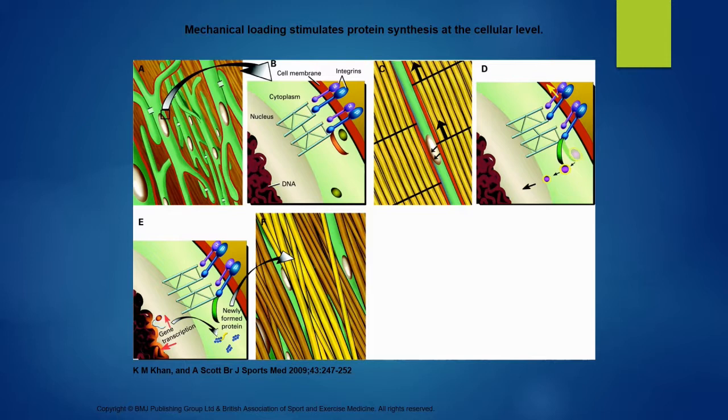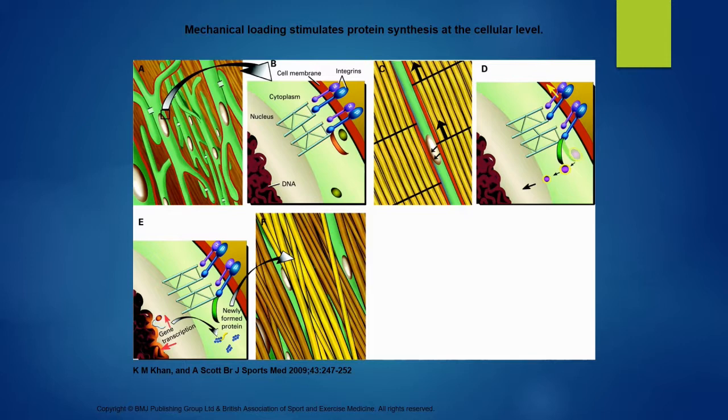And then also this mechanical signal, through the deformation and tugging on the cytoskeleton, causes, again, a mechanically initiated gene transcription and protein synthesis, both of which result in the formation of newly formed proteins, as depicted here by these little images. These newly formed proteins are then packaged up in the Golgi apparatus and are transported extracellularly for synthesis and integration into the extracellular matrix here.